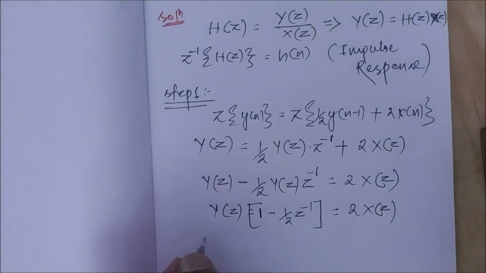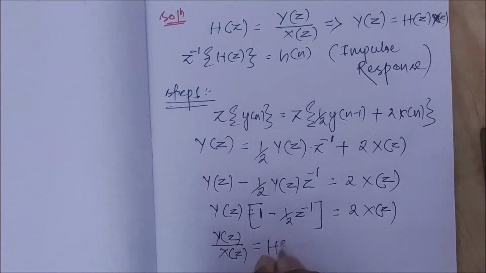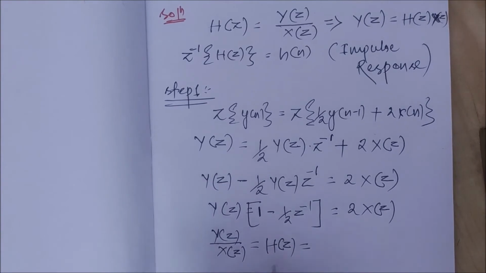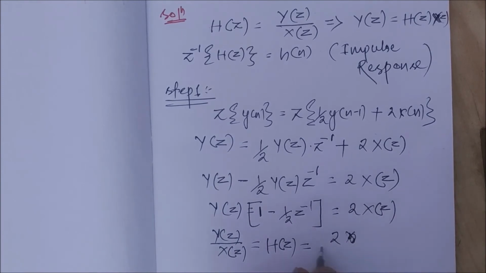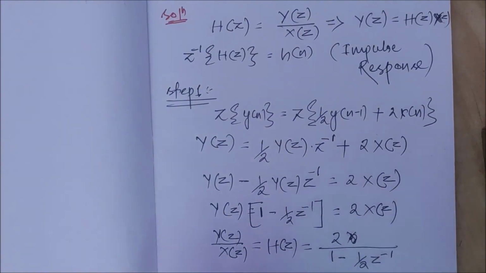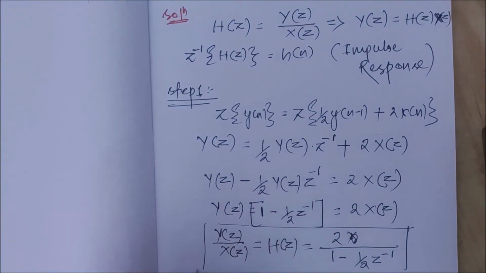Now finding the ratio of Y of z and X of z, which is the system function H of z, is equal to 2 divided by 1 minus 1 by 2 z inverse. So this is my system function.